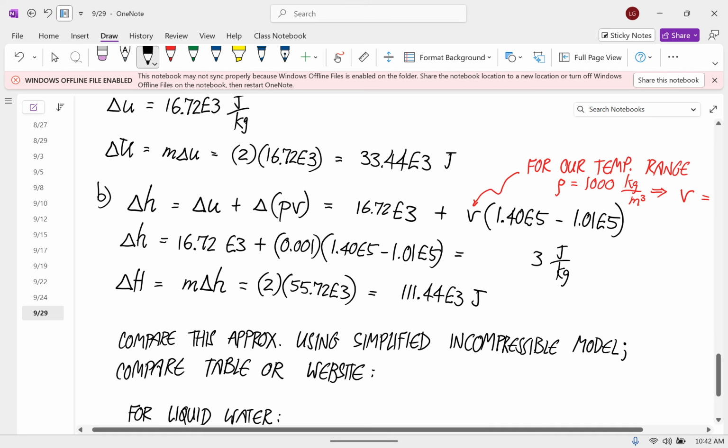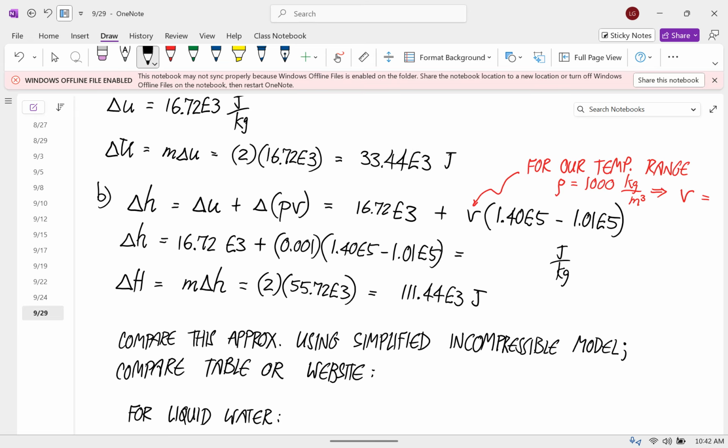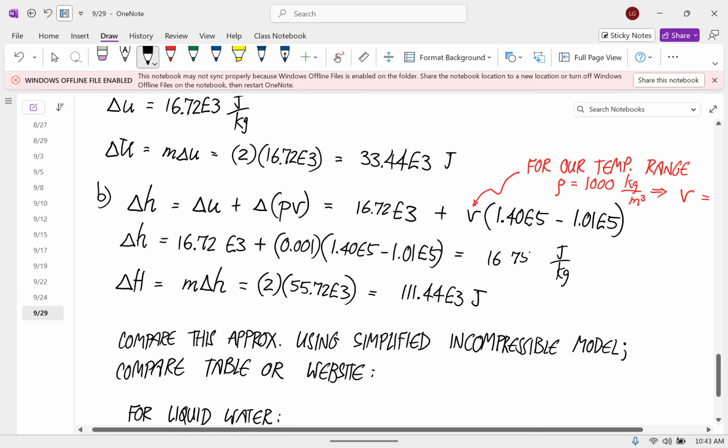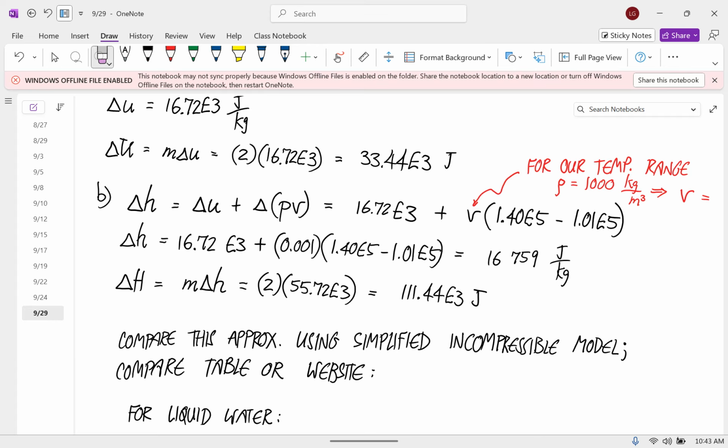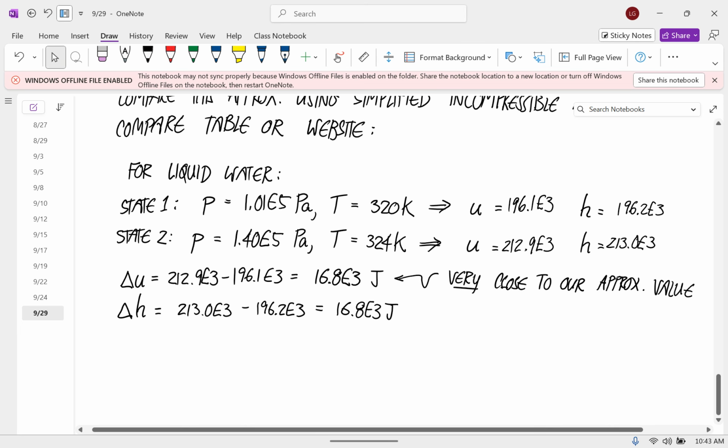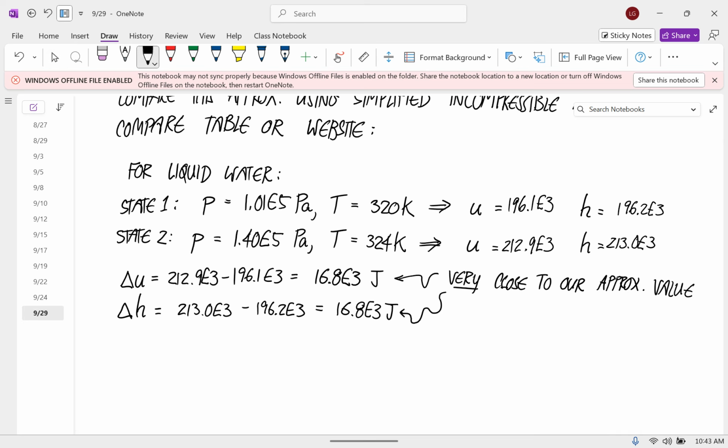This should come out to be 16,759. And this one should come out to be 33,518. And now this is within the precision of the significant figures that they're using on the website.